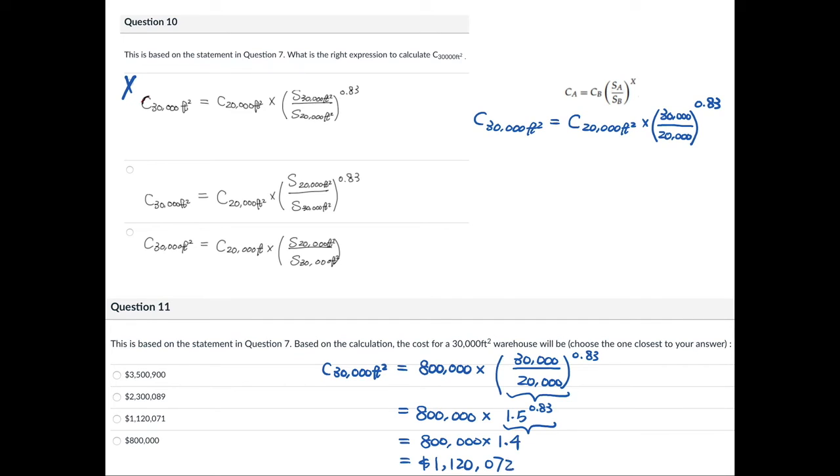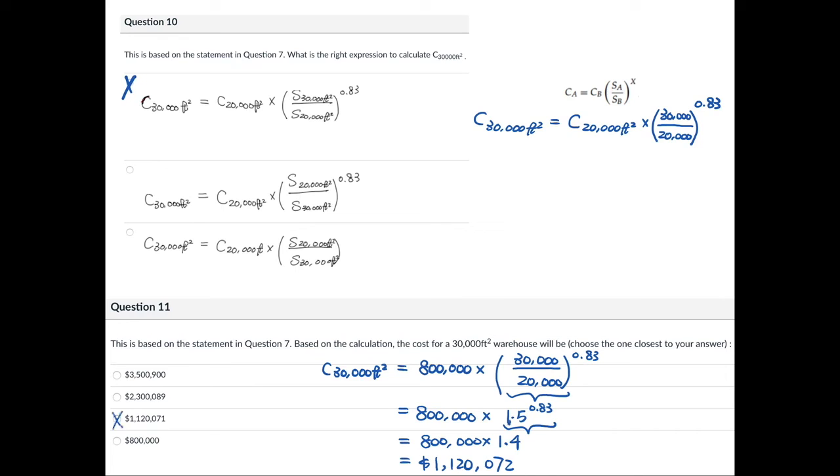0.72. Okay, so that's the rounding problem. If you compare these four options, this one is the closest to my answer. If you don't round 1.5 to the power of 0.83 to 1.4, you might get that same answer as mine.